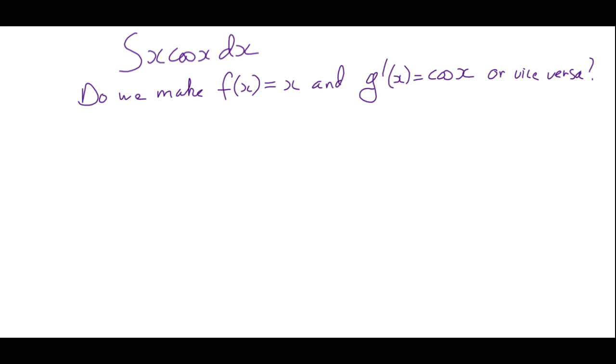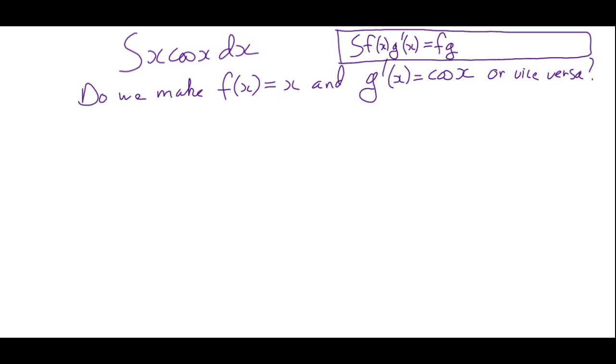So the formula, let me write that up top, is the integral of f of x, g prime of x dx is equal to f g minus the integral of g of x, f prime of x dx.